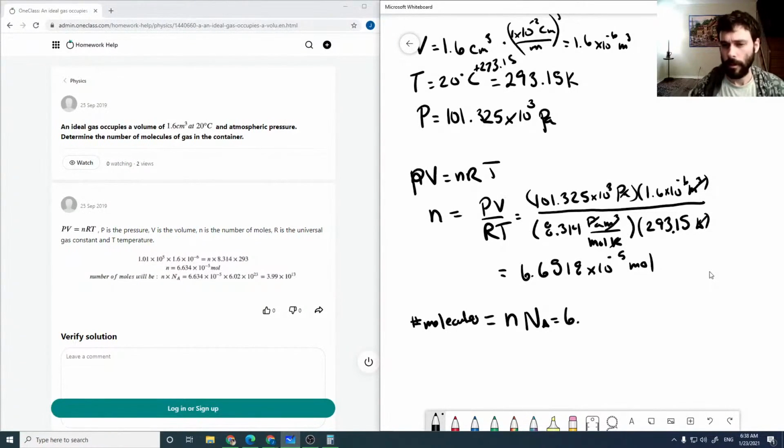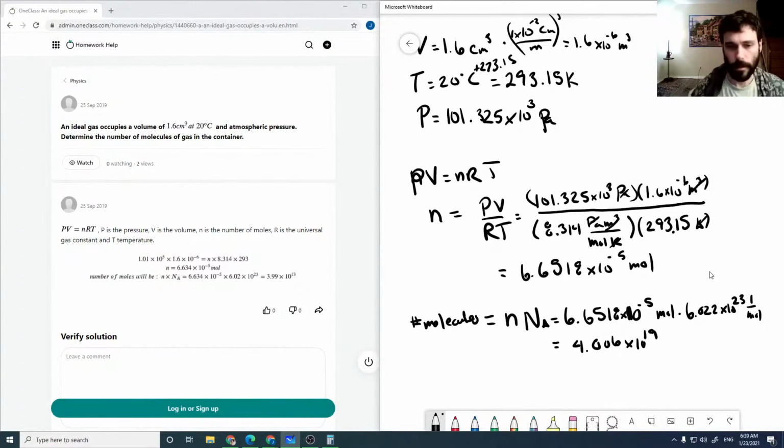So 6.6518 times 10 to the minus 5 moles times 6.022 times 10 to the 23 1 over moles, which gives us 4.006 times 10 to the 19 molecules. Okay, so molecules isn't a real unit, so that's why the value is unitless.